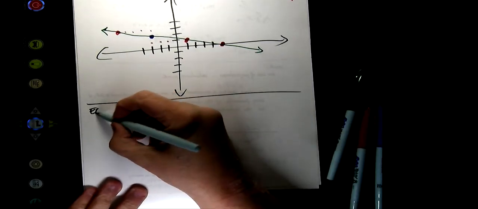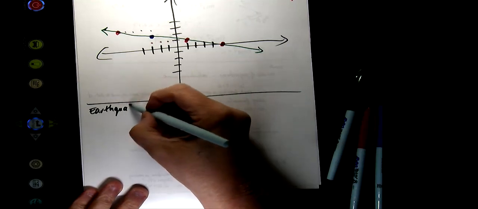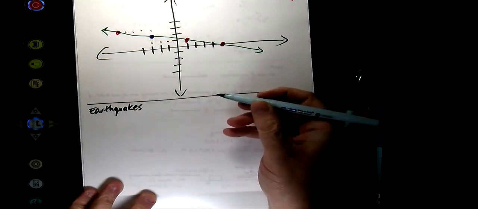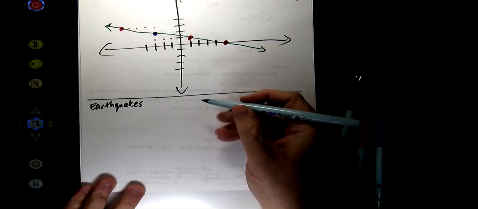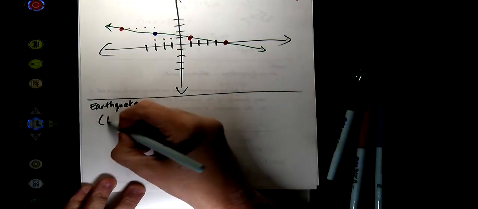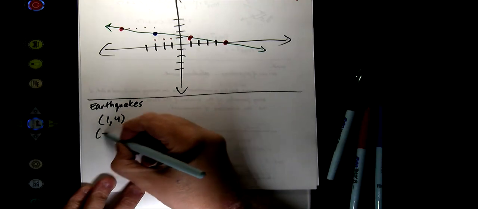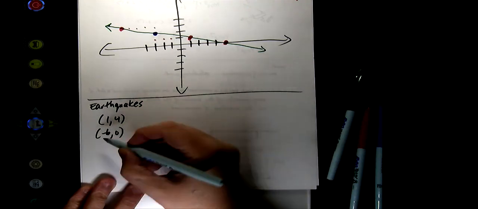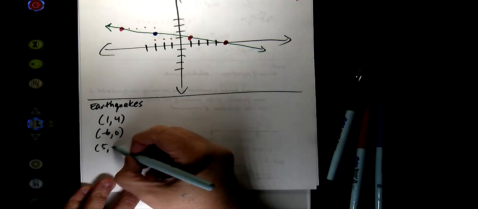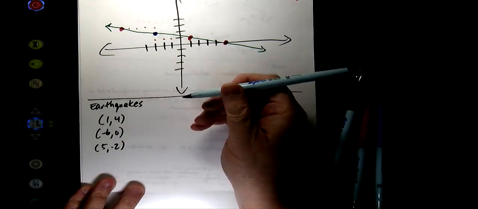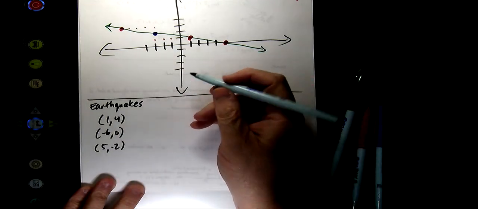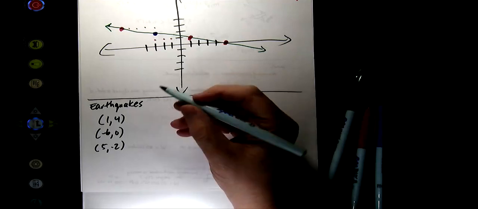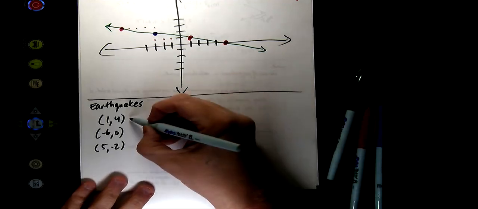Alright, let me show you the earthquake thing real quick. So earthquakes. They have seismographs at different locations. You could use a coordinate system, let's say they have coordinates at 1, 4, -6, 0, and 5, -2. And this is recording a distance.